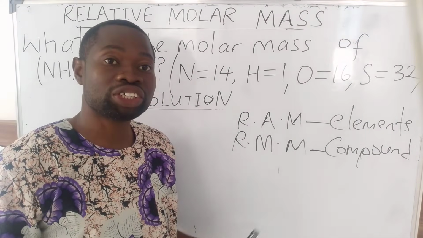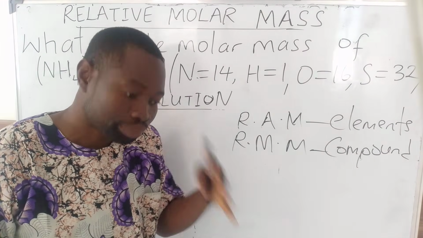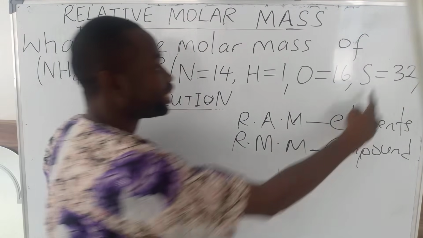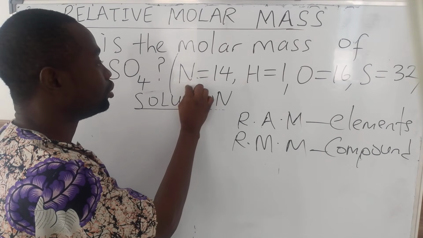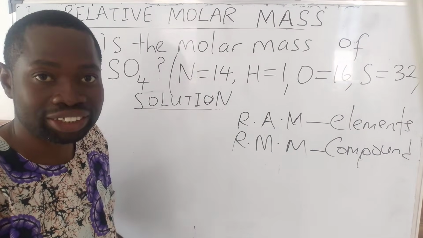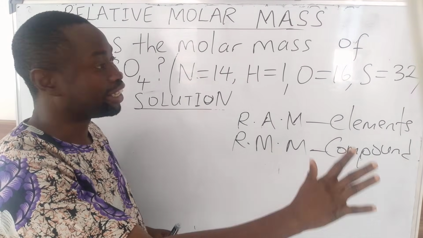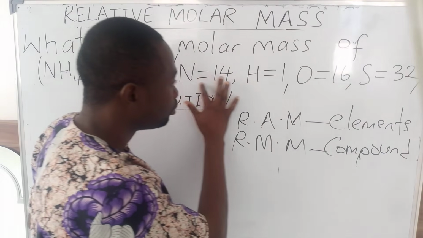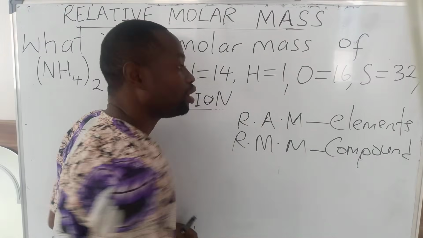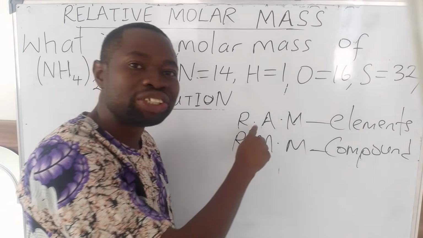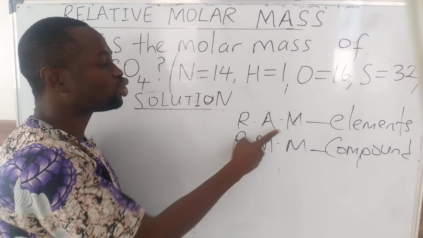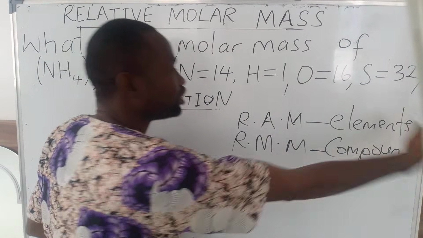In chemistry, maybe you have been seeing a lot of calculations, and in those questions, you will see a bracket like this, and they will write symbols of elements, putting values in front of them like this. In case you don't know, anytime you see values like this in chemistry, these values are the approximated whole numbers of the relative atomic masses of those elements.